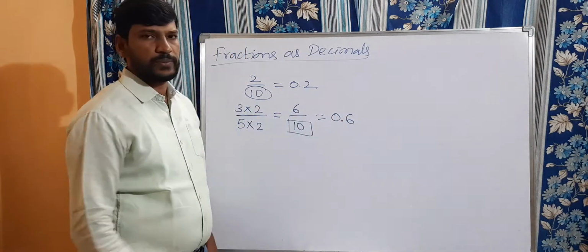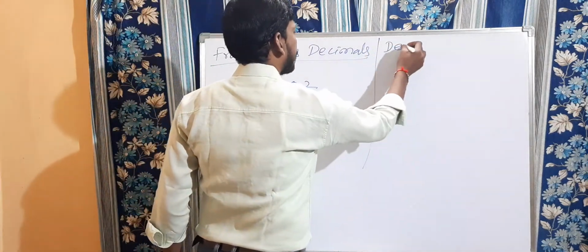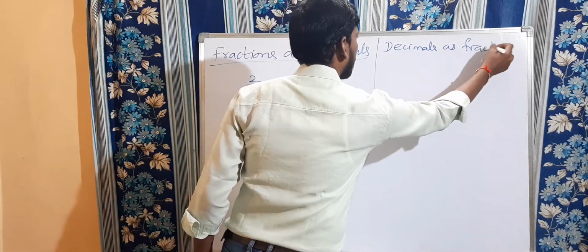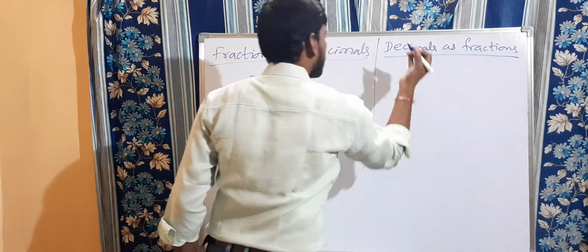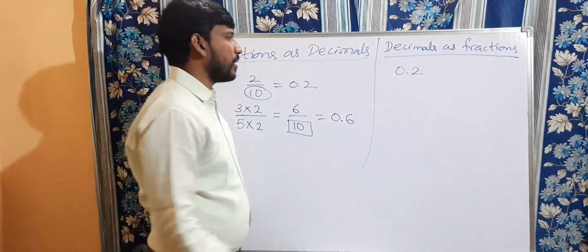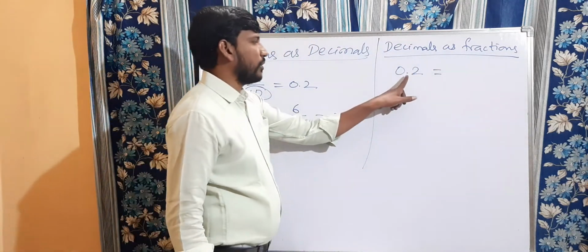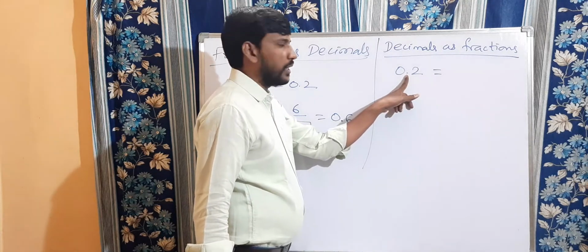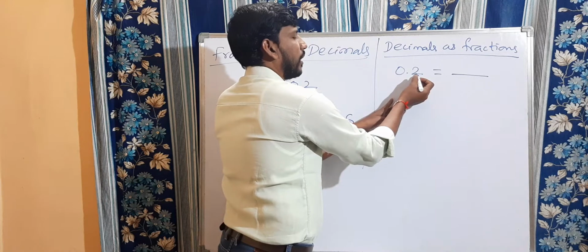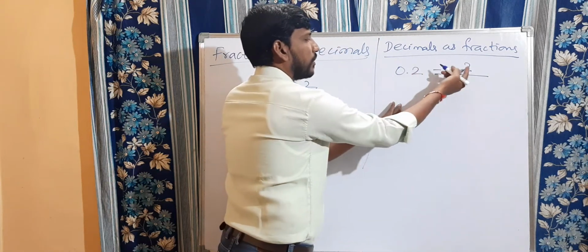Now the reverse process. What is the reverse process? Decimals as fractions. That is simple. Suppose 0.2. If you want to convert 0.2 into a fraction, first of all remove the decimal. Whatever number is after the decimal, write it as it is.